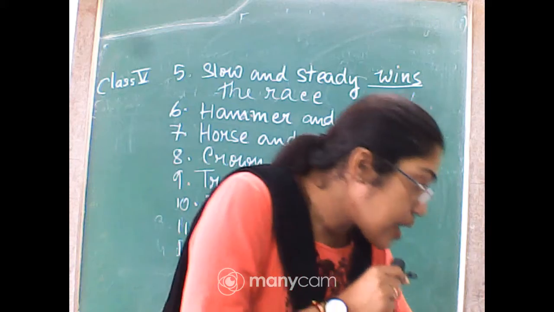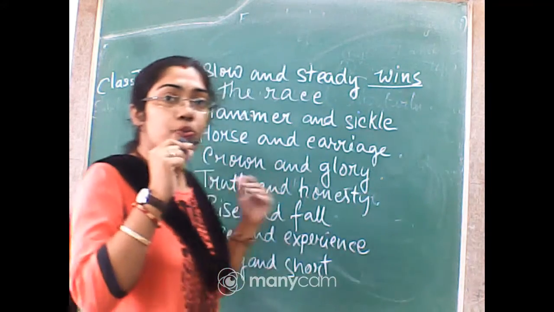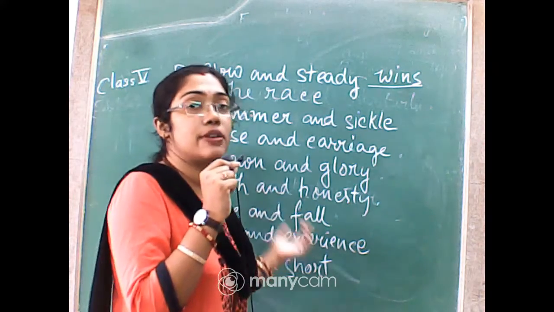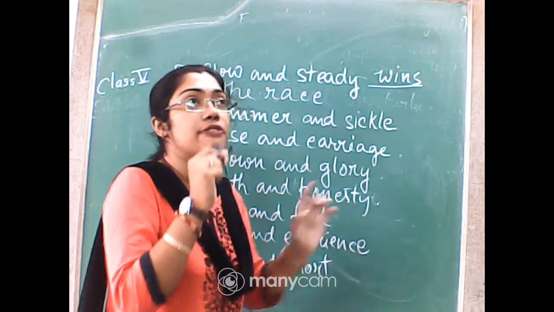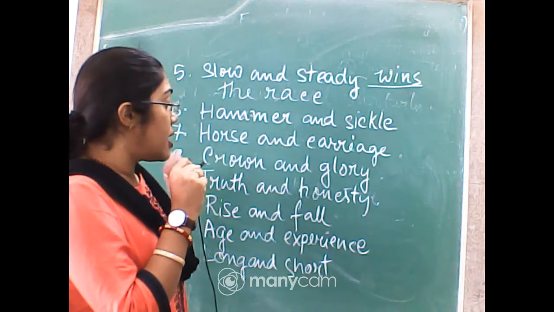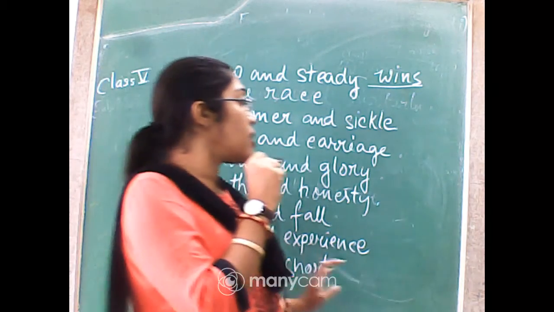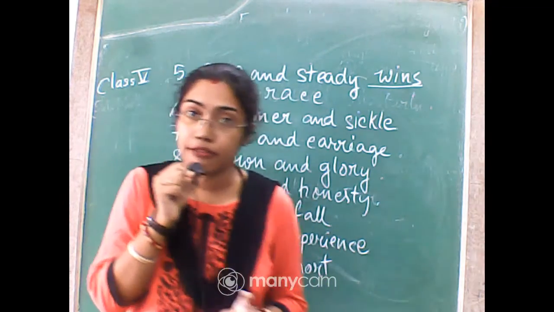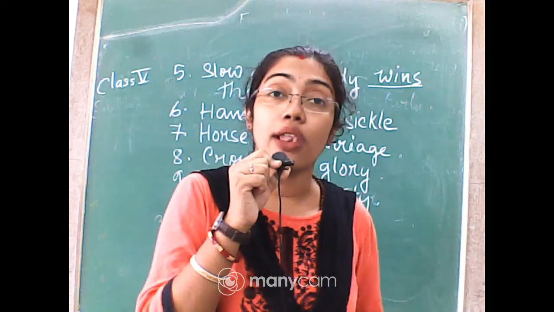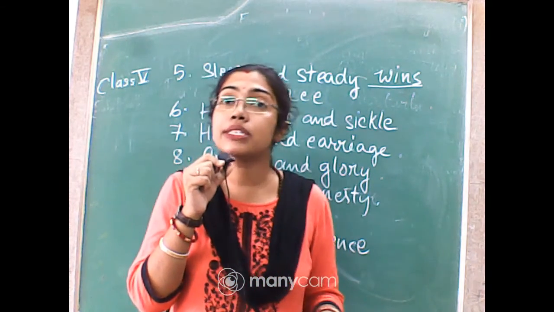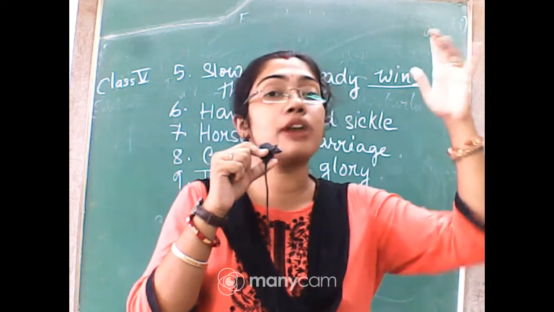But I want to use a singular verb here with this rise and fall. So if I'm telling a sentence like this, you see, rise and fall is evident in everyone's life. It means a person will rise, a person will fall.